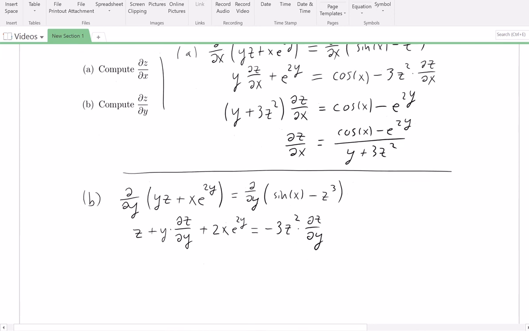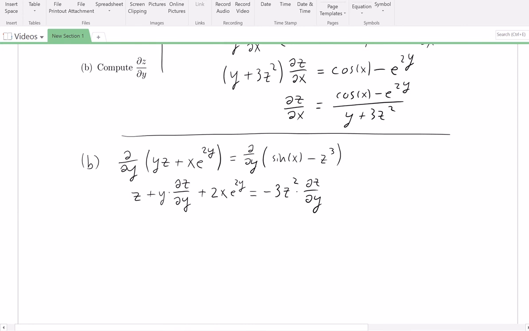And again, just like above in part A, we now just use algebra. We shuffle things around and try to solve for what we want, which is partial z, partial y. So we'll move those terms to the left. We have this term that was already on the left, and this term that we move over from the right. And move everything else over. So we have to move over the z, and the 2x, e to the 2y.